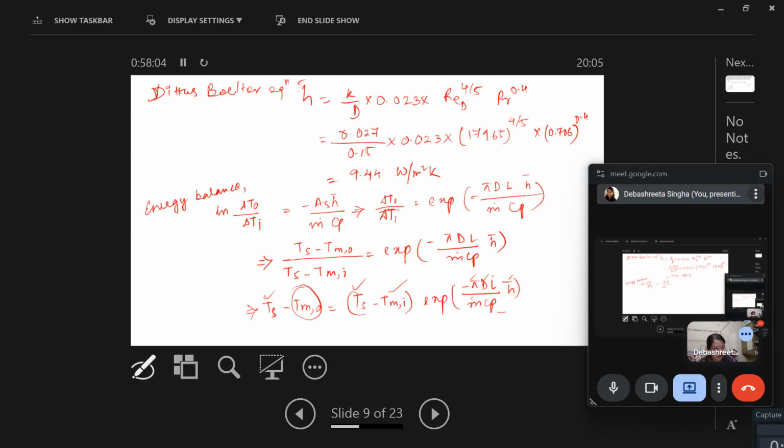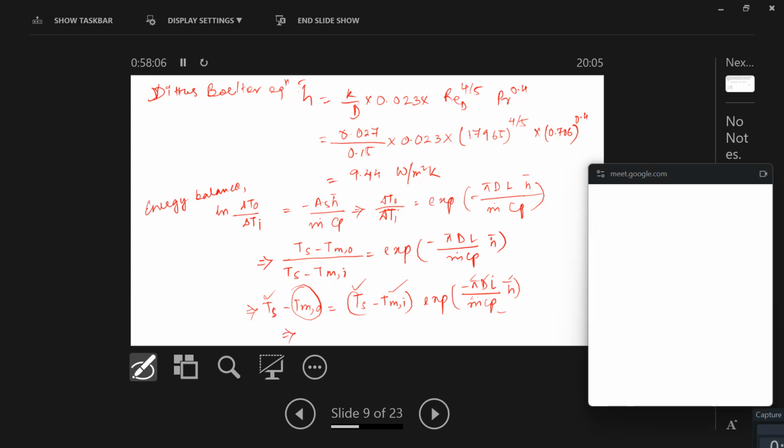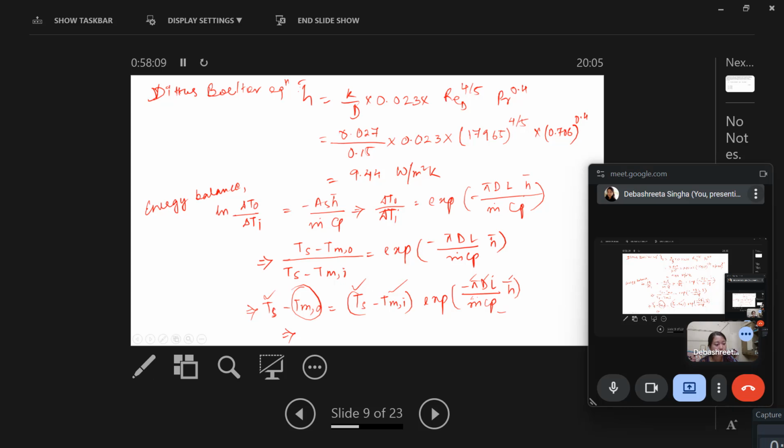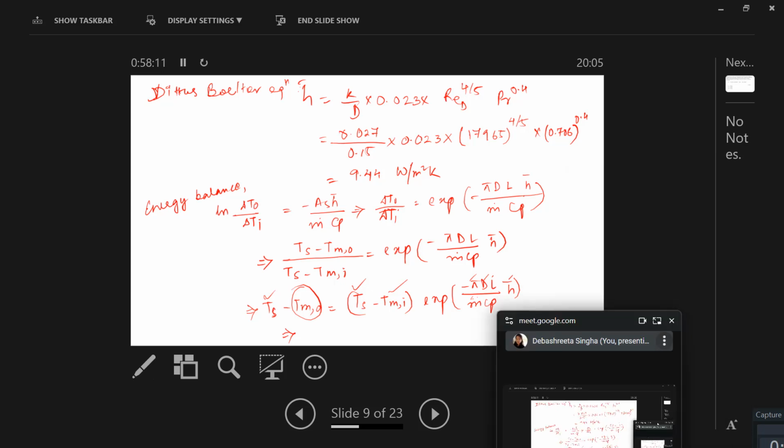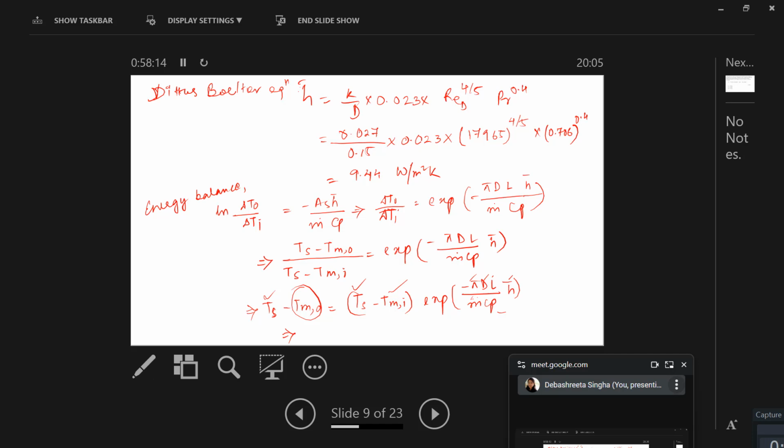So we can directly find out what this Tmo is. Tmo is equal to Ts plus all of this. If we consider this as a, then Ts plus a gives Tmo. If we substitute all the values, we get Tmo as around 30 degrees Celsius.